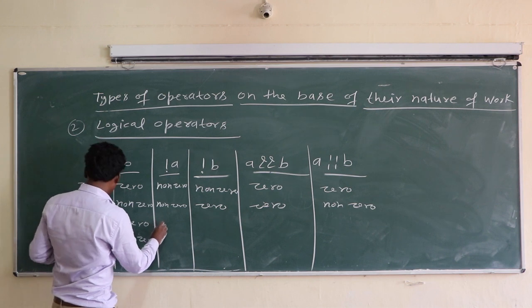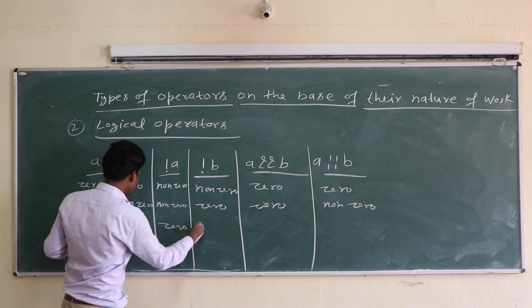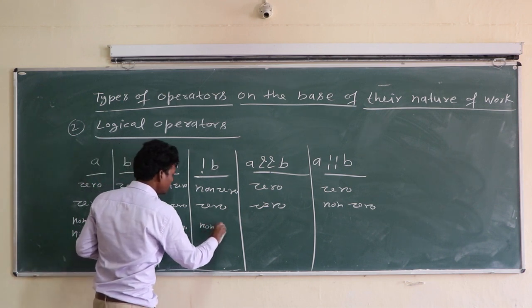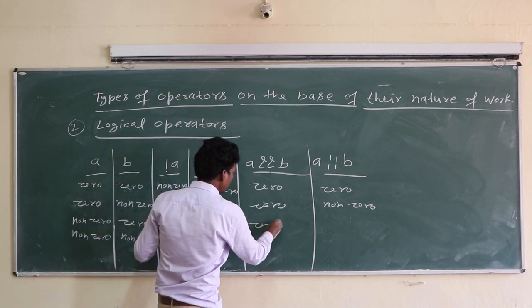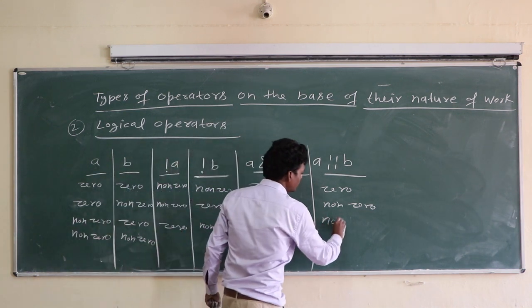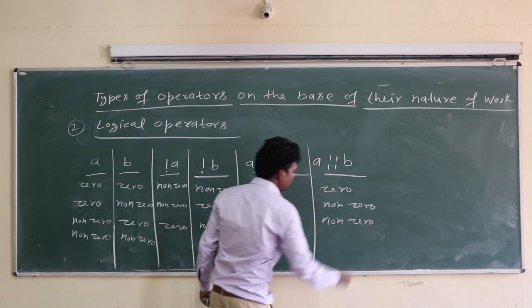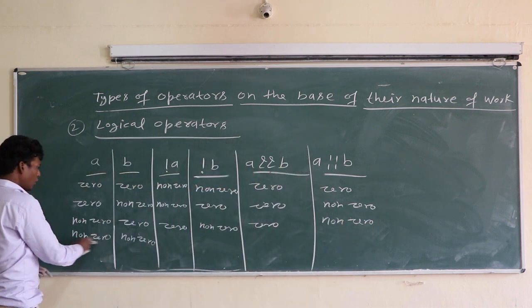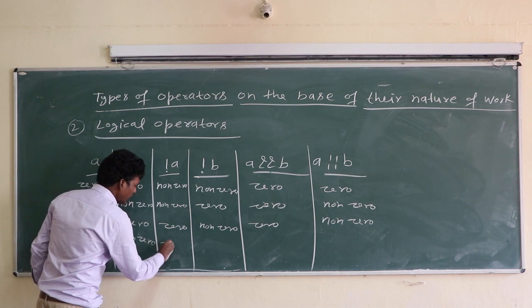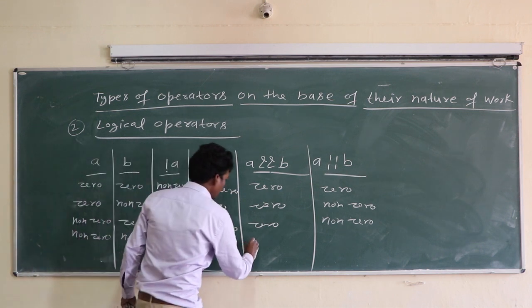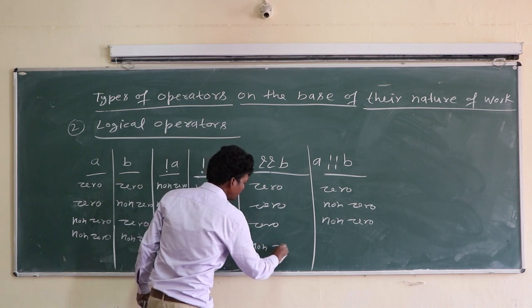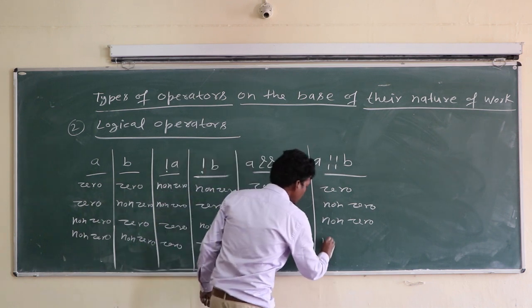Non-zero 0 becomes 0, this becomes non-zero. Non-zero, non-zero: here the complement is 0, the negation is 0, 0, here is non-zero and here is a non-zero.